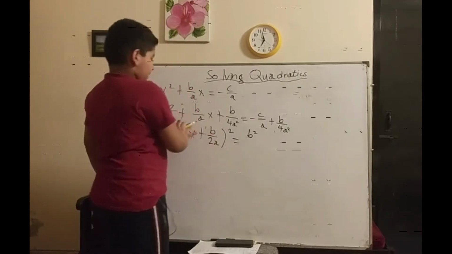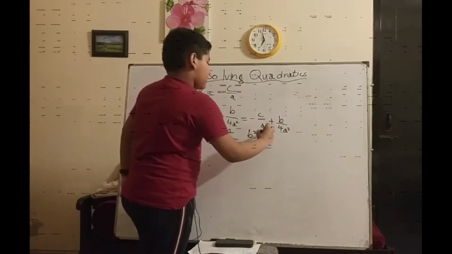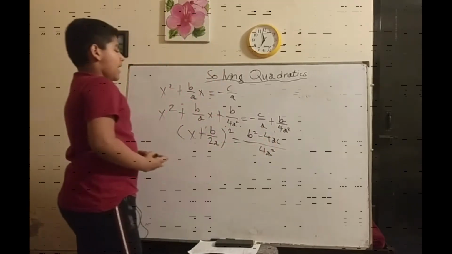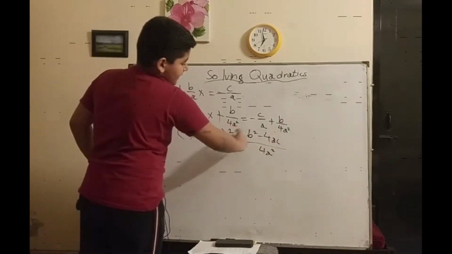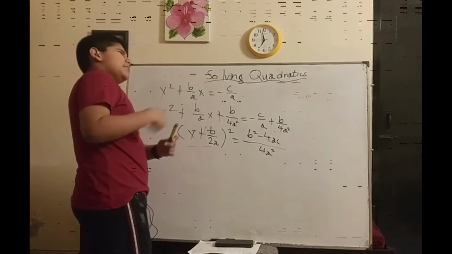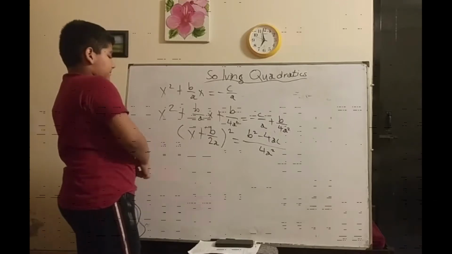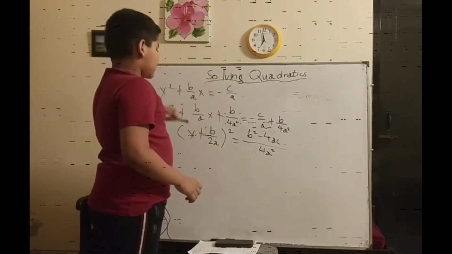For those of you who have studied the quadratic formula, you can see that this side is getting more familiar, which is good because we are leading to the quadratic formula soon.